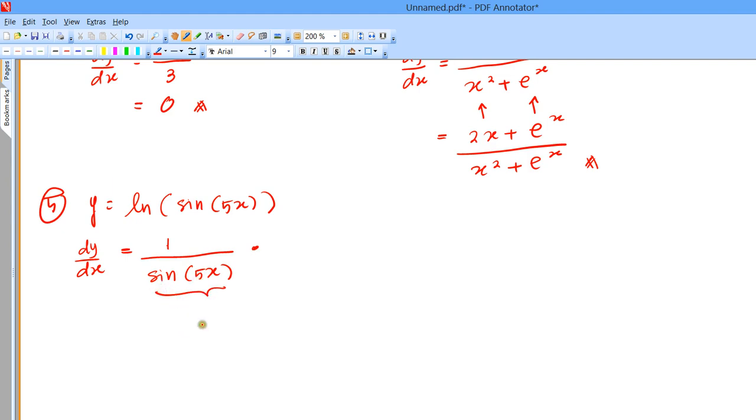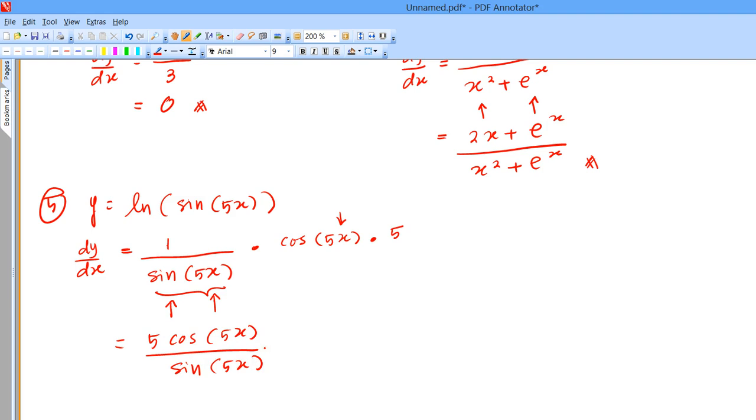So coefficient of sine equal to 1 and then differentiate sine equal to positive cos and then copy the angle. We have angle 5x times differentiate angle, differentiate 5x equal to 5. So the final answer equal to 5 cos 5x over sine 5x.